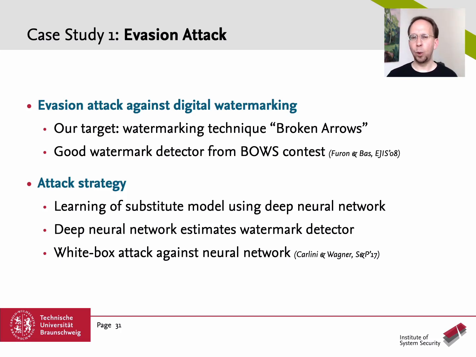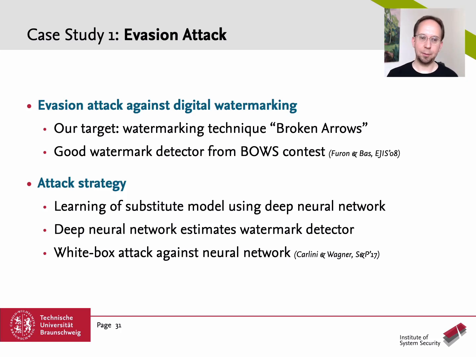It was, I think, a winner in a watermark competition called BOWS, I think this is called Break Our Watermarking Scheme. It's a cool idea to have these competitions. I'm not sure if it was ever broken, but it was at least a good watermark in this field of competitors. So it's still, to my knowledge, considered a strong digital watermarking technique.